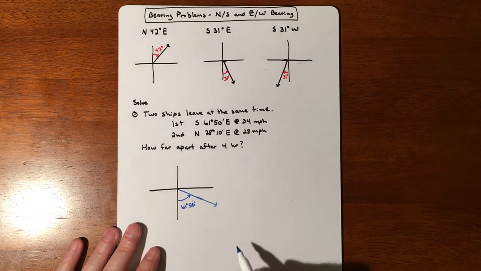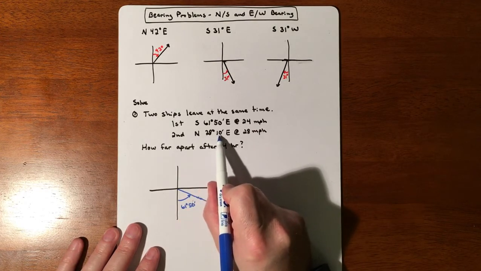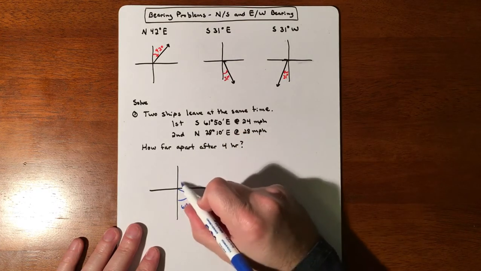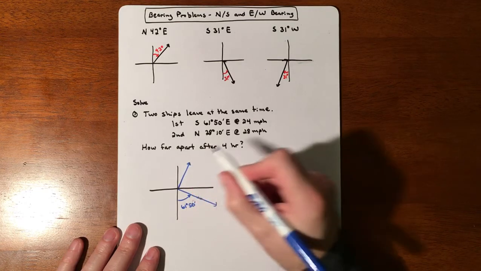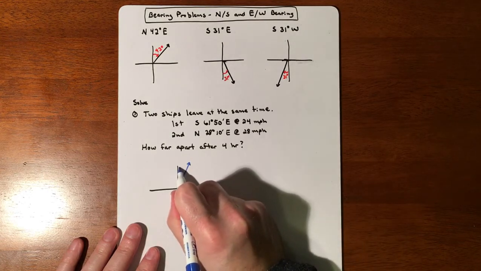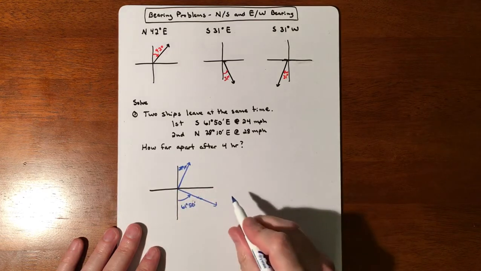And then here we have 28 degrees 10 minutes. So we're north 28 degrees. We're branching off about 30 degrees, something like that. So this measurement is 28 degrees 10 minutes.